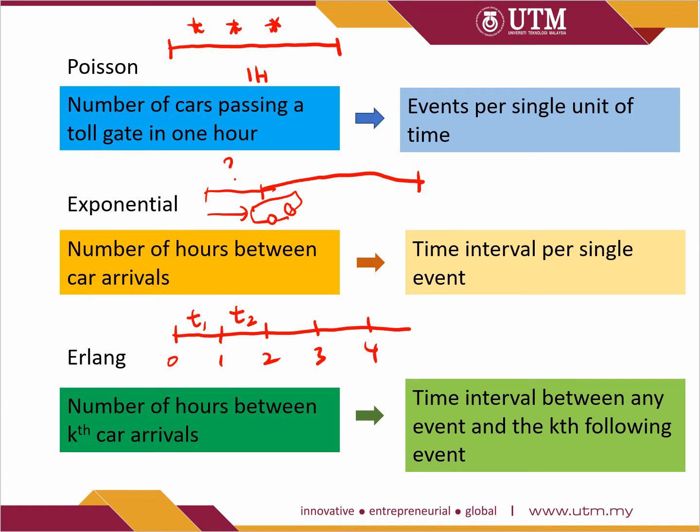T2 refers to the time for the second car to arrive. Then the third car arrives, and the fourth car arrives. And let's say this is the kth. So this is the kth time to arrive. So this is Erlang, where we want to know the time interval between any event and the kth following event.